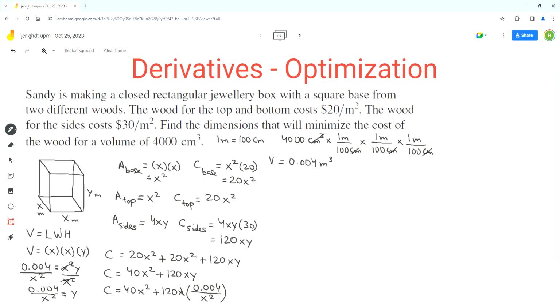One of the x's will cancel out, and we have to do 120 times 0.004, which is equal to 0.48. So we can rewrite the cost function as c equals 40x squared plus 0.48 over x.